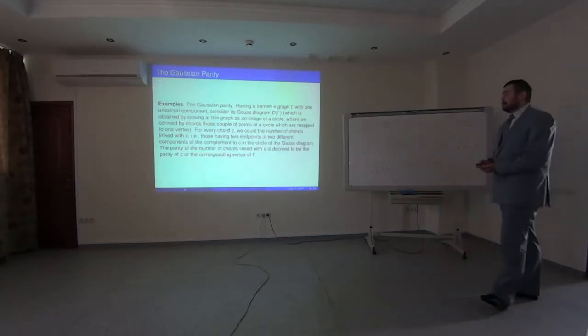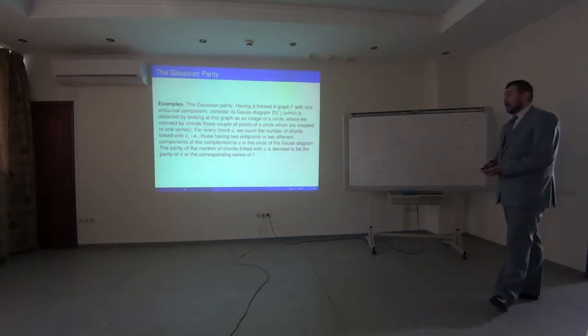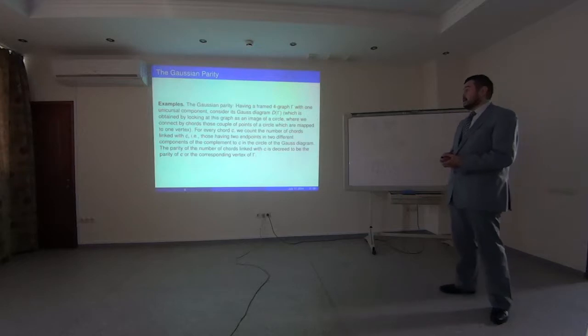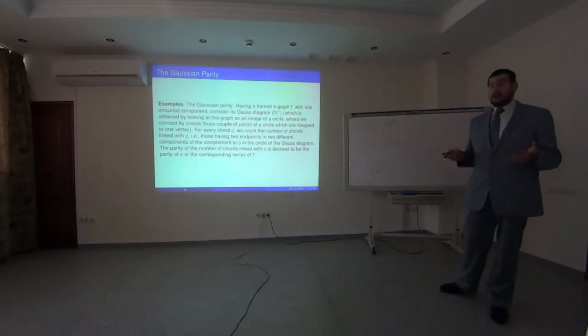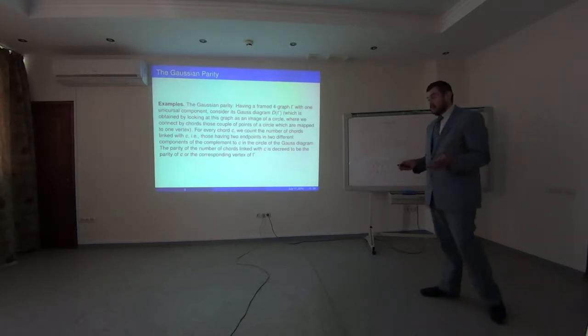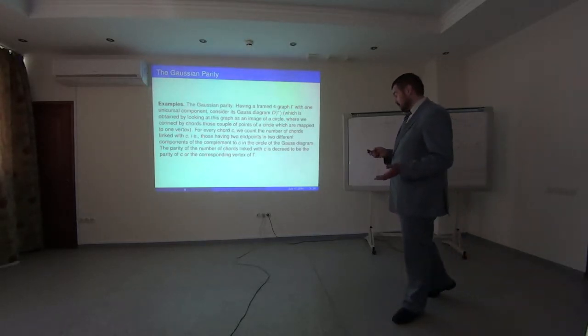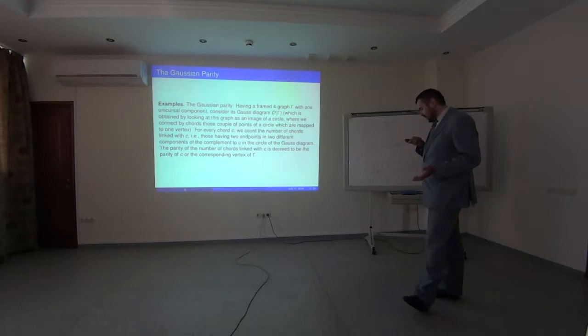First of all, the main protagonist of my talk is the parity, and the Gaussian parity is the usual thing one associates with a knot. If we have a knot, then we have its Gauss diagram, constructed in the usual way.